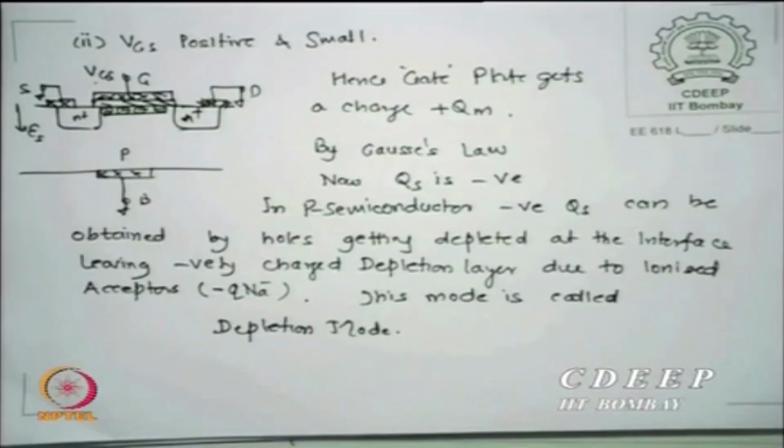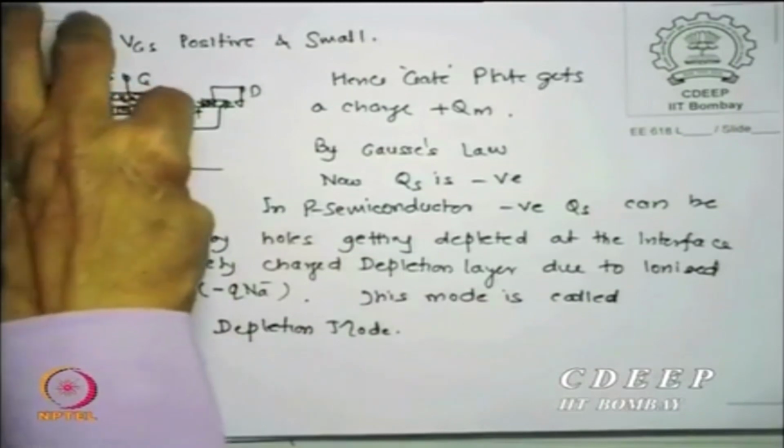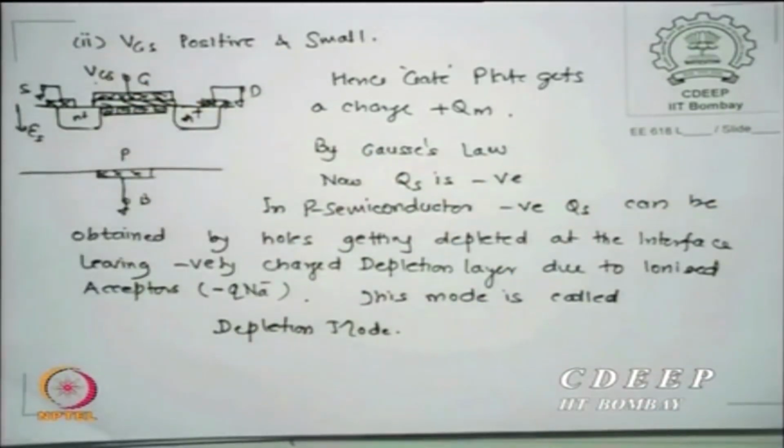So the larger the positive VGS, the depletion layer thickness or width also enhances, to get the same charge as you are putting on the metal. You remain in depletion as long as Qs is supplied through depletion charge. So this mode we call depletion mode.